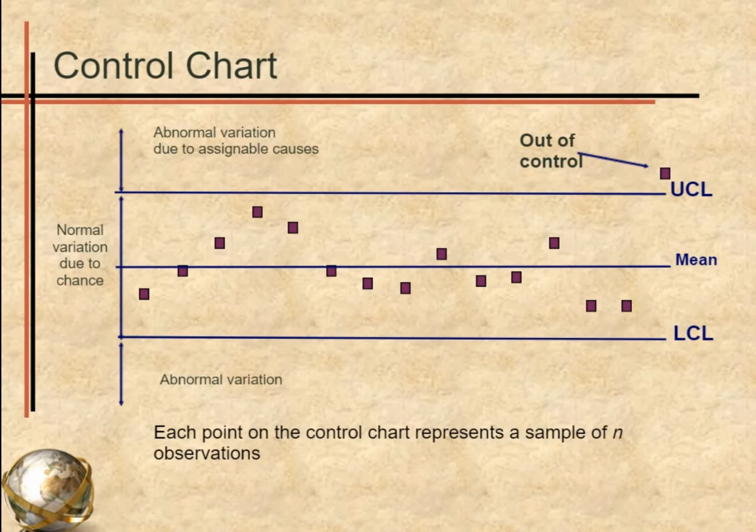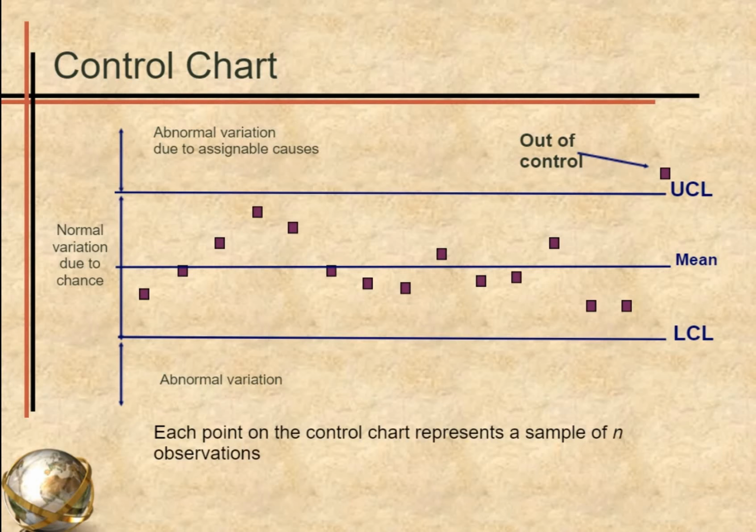In order to understand the situation better, this is another example. Now we have UCL, we have LCL, we have many samples. These are the sample means, the dots. We draw those dots, and we're trying to find if the process is in control or not.